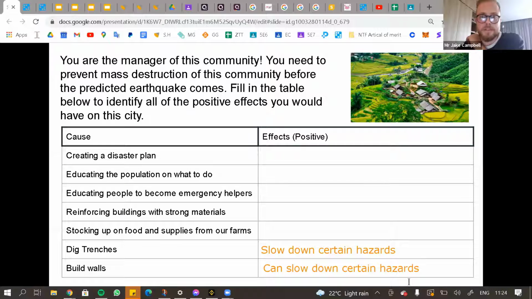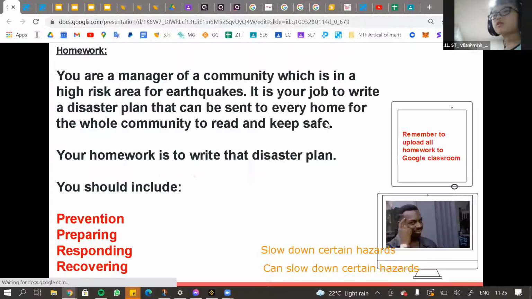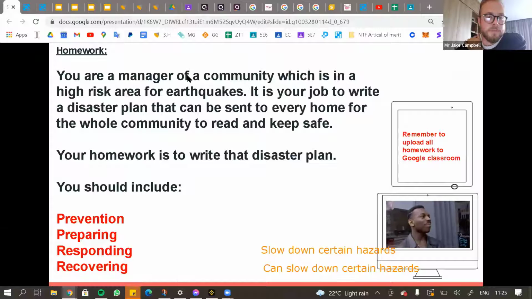Okay, brilliant stuff, class. That's actually wrapping us up to the end of the lesson. So make sure you get that written in class, and I'm going to explain your homework. So listen to me carefully, class. It's already on Google Classrooms. You are a manager of a community which is in a high-risk area for earthquakes.